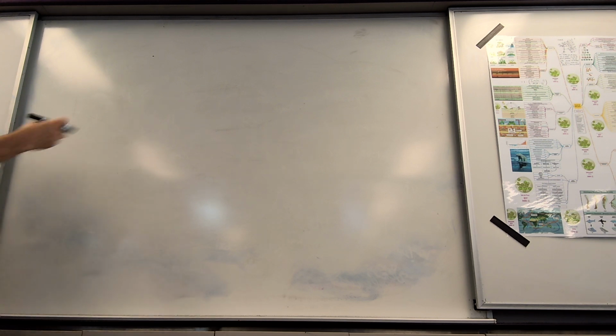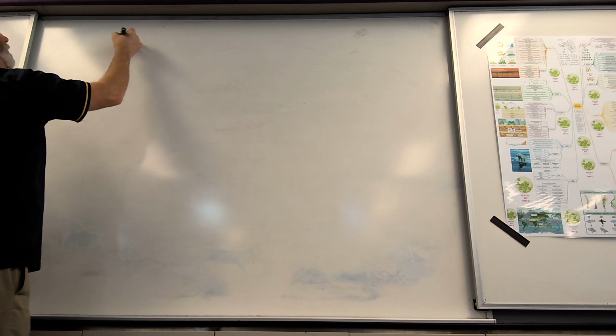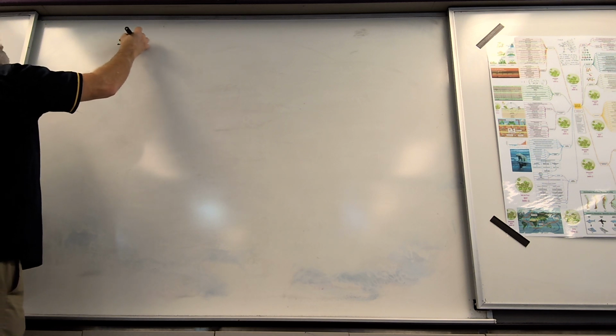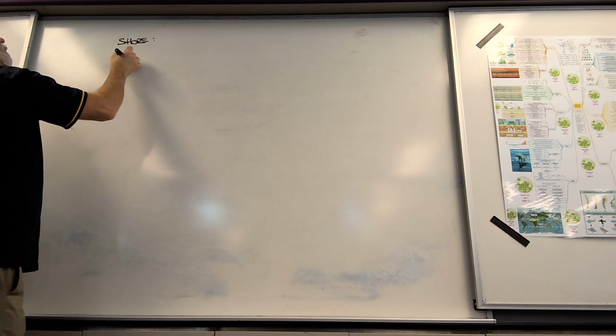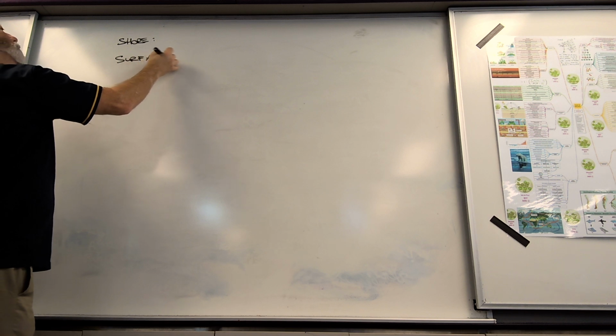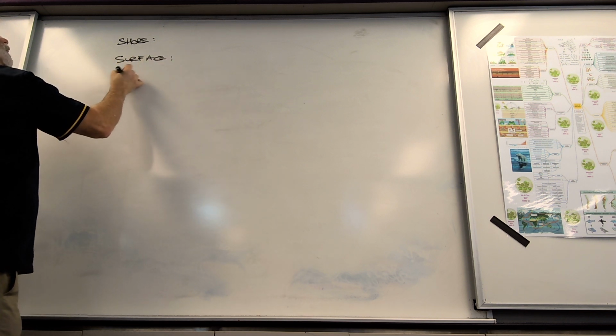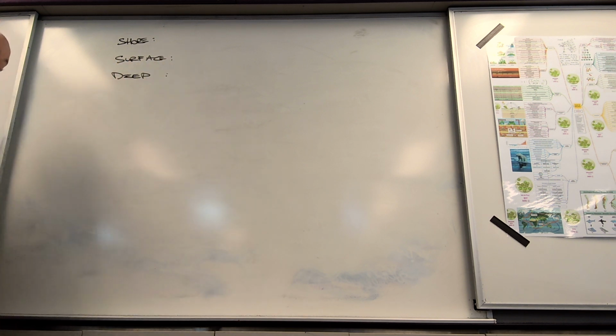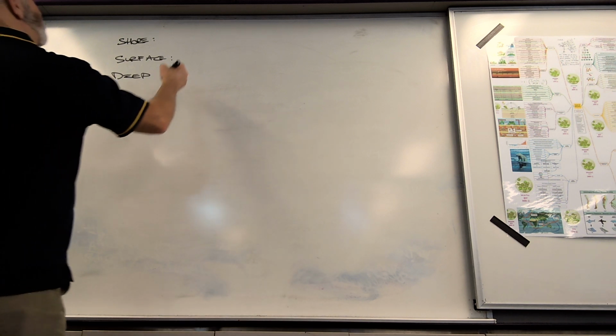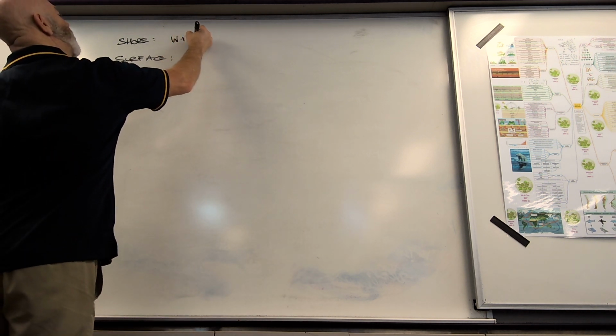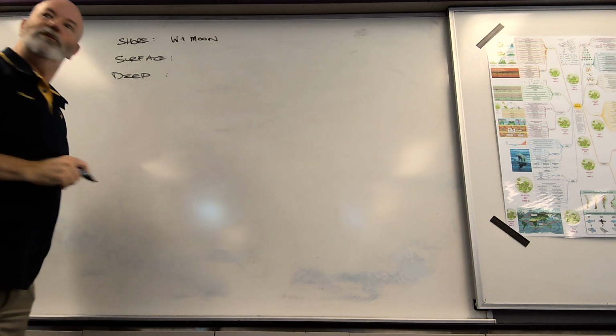Global currents. There are 3 types of currents. There are shore, surface, and deep. What controls shore currents? Wind and moon, or wind and tide. Wind plus, we'll say moon, but you can say tide if you want to.